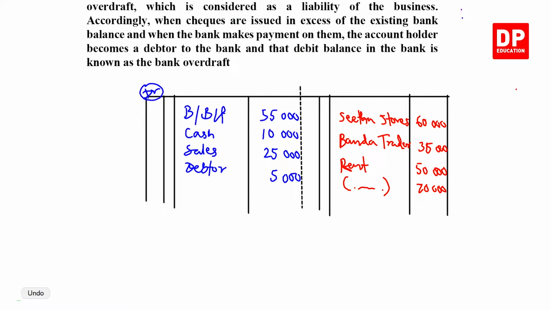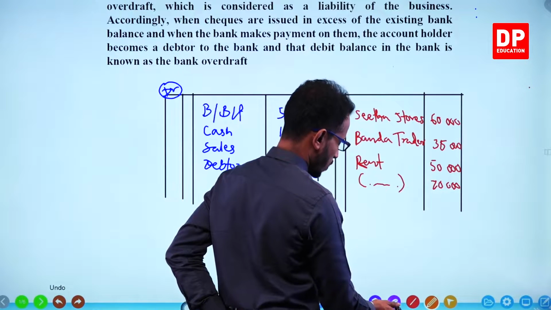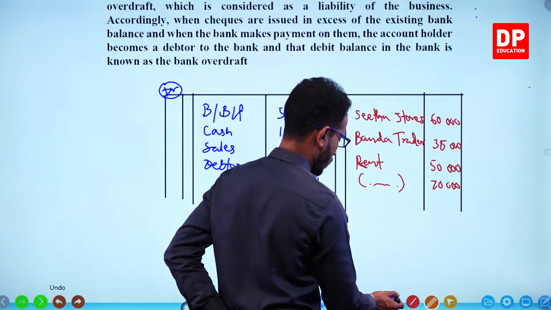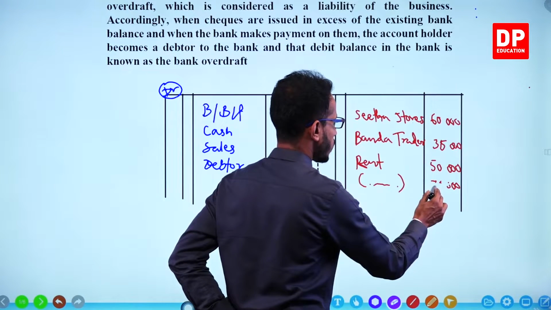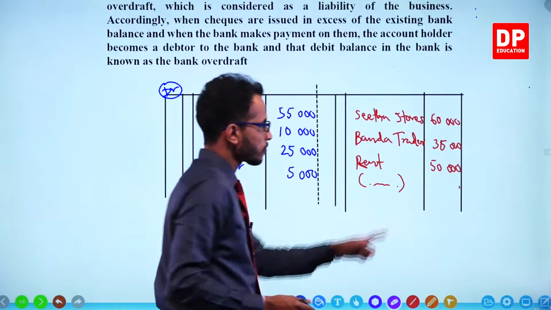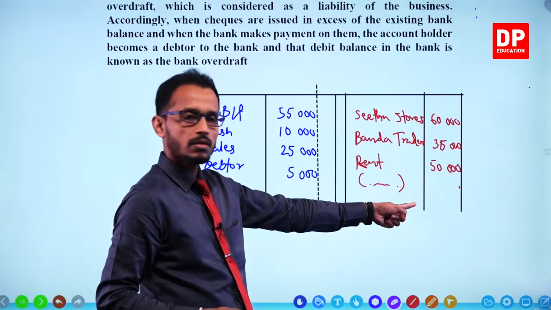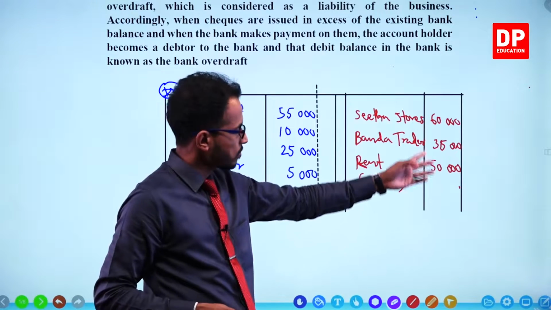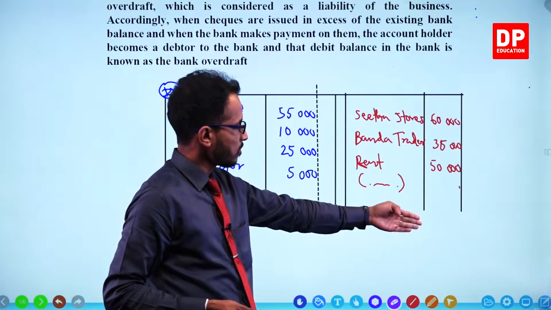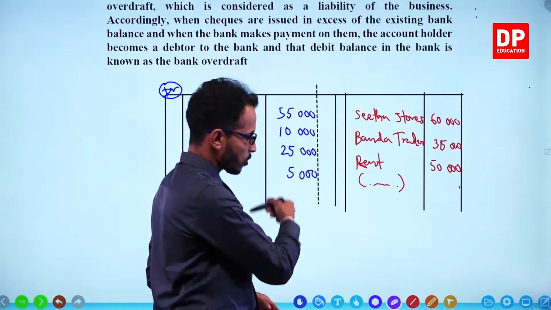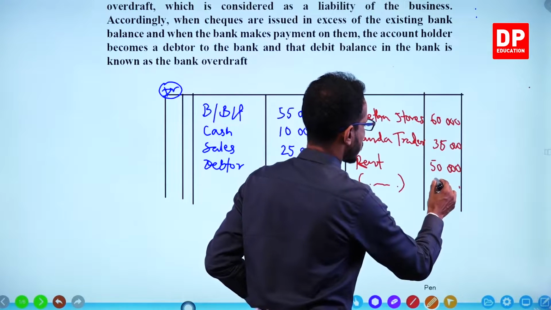Now children, now you know that the credit side is kind of having a higher value. When you sum up the credit side, the credit side total will be greater than the debit side total. All right, did you notice that?